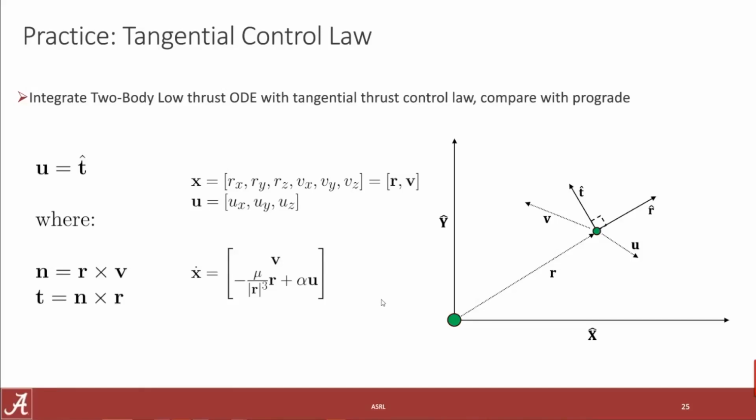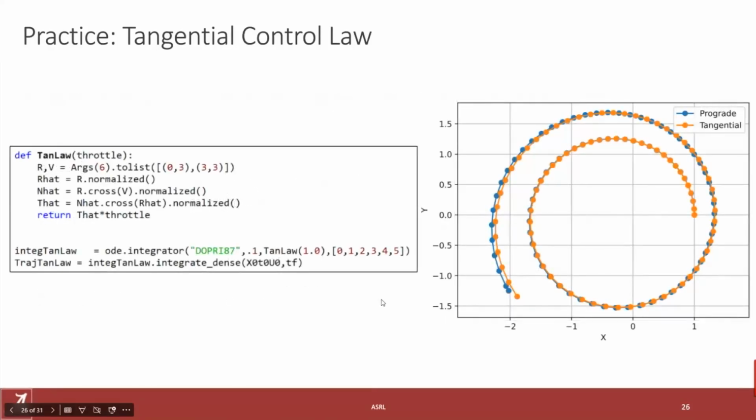Okay, let's keep moving on. So once you've got a control law instantiated, recall we already did this for the prograde burn. All that changed in this case is we wrote the tangent law, which pulls the RTN frame and then applies the throttle in the tangent direction.